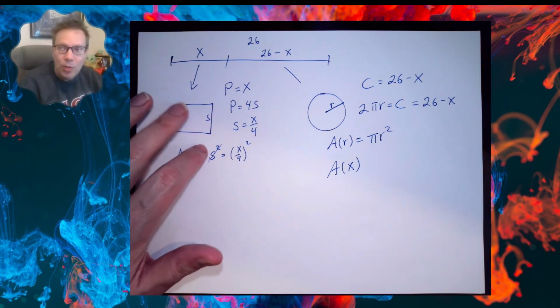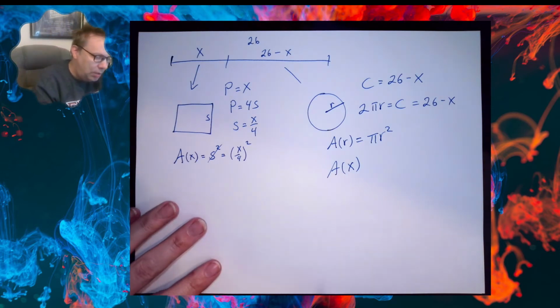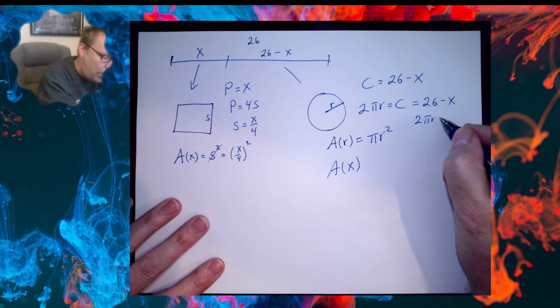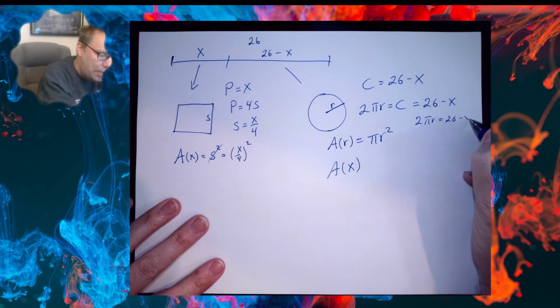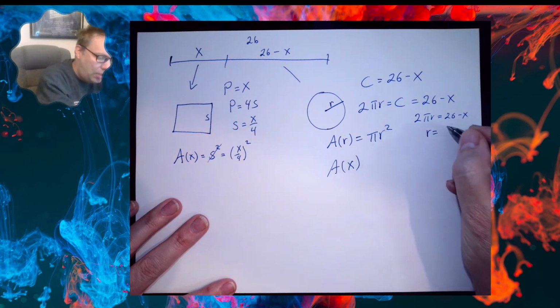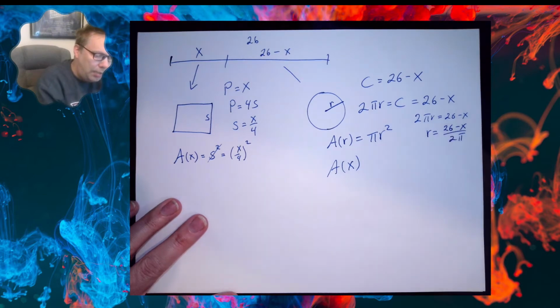Remember that I always want to get all these down to a single variable. I have my formula over here in terms of x. So I can take this equation, 2 pi r is equal to 26 minus x, and I can solve for r. r is equal to (26 minus x) all over 2 pi.